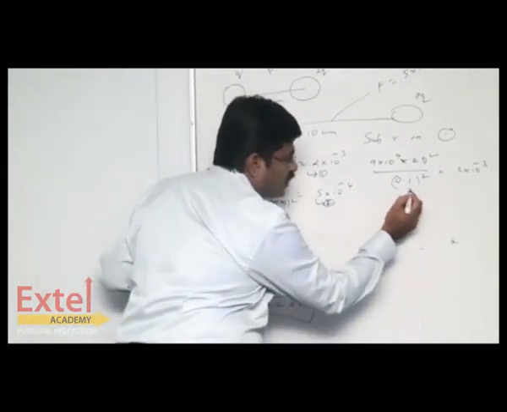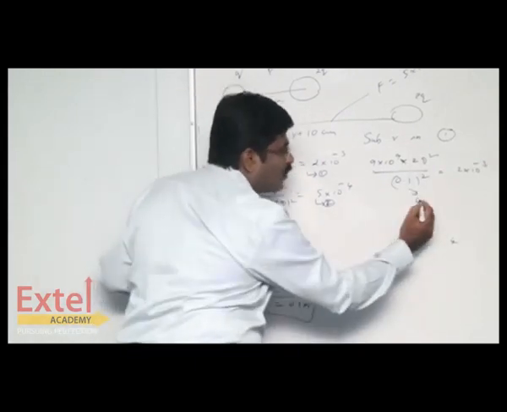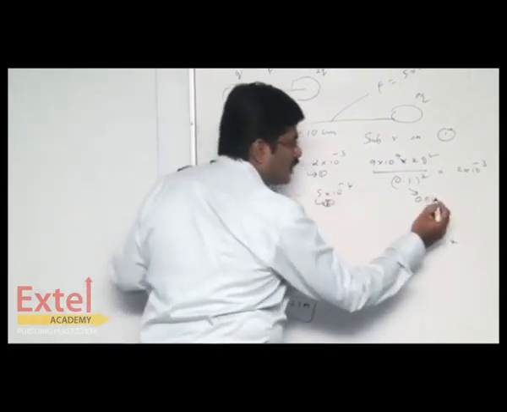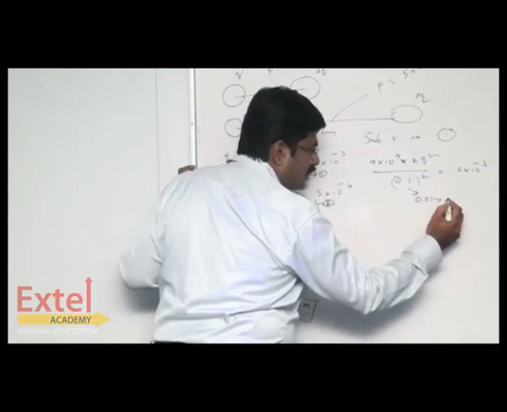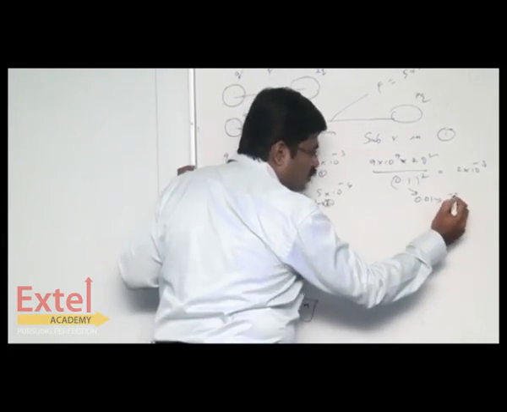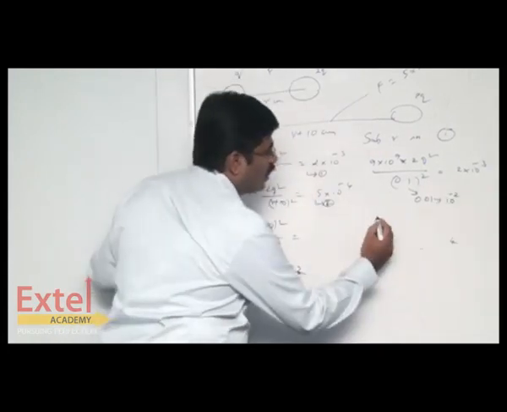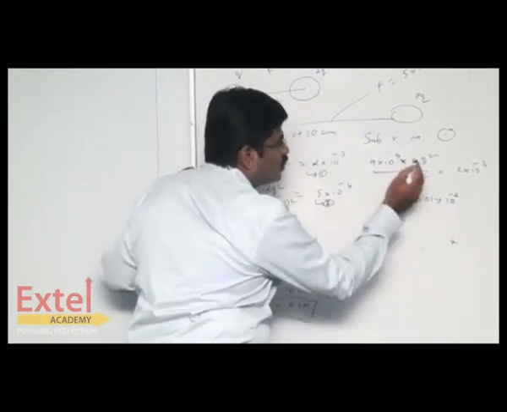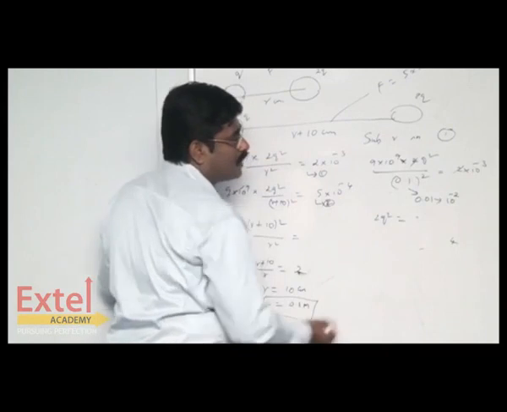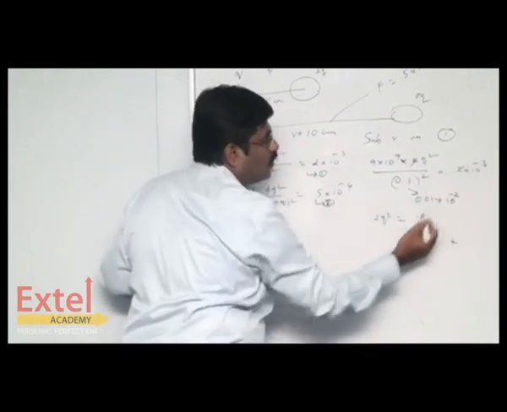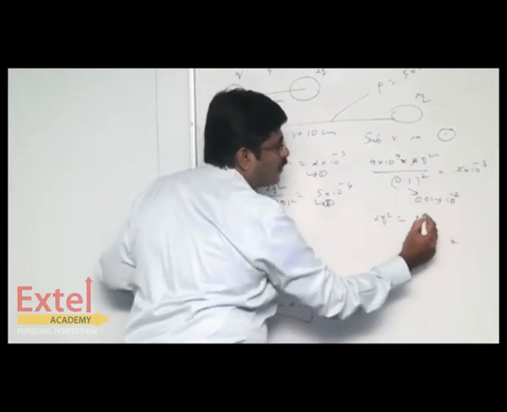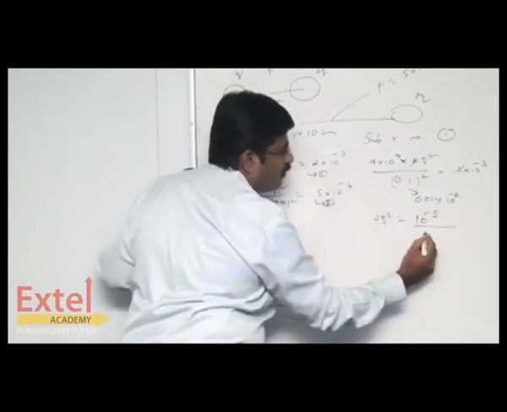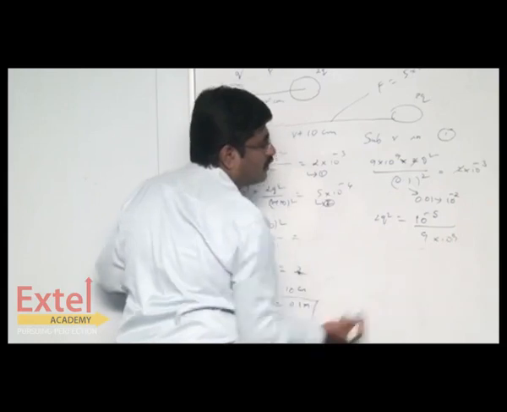The 0.1 square can be written as 0.01, which is equal to 10 to the power minus 2. So in 2q squared, this 2 can be cancelled. This minus 2 and minus 3 will go on top, becomes 10 to the power minus 5. And this will come down, 9 into 10 to the power 9.